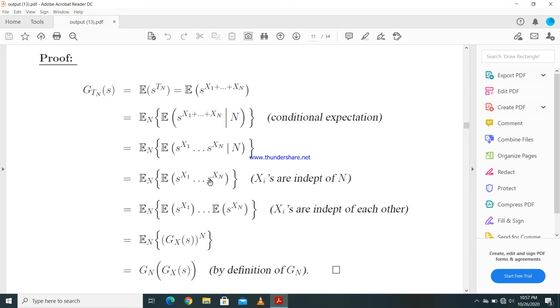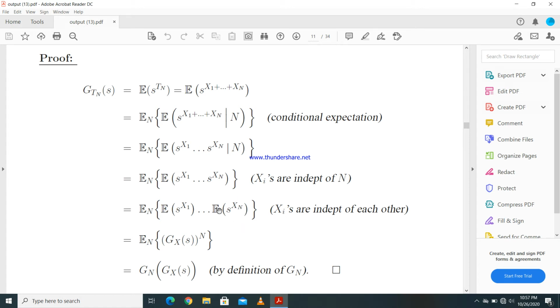So we can just omit the condition and write this as the expectation. Since you have a multiplication here, and since the x's are independent, we can give the expectation to each and every term independently. That is the expected value of s to power x1, expected value of s to power x2, likewise up to the expectation of s to power xn. If you take the expectation of s to power x1, this is the probability generating function of random variable x1, and likewise for xn.